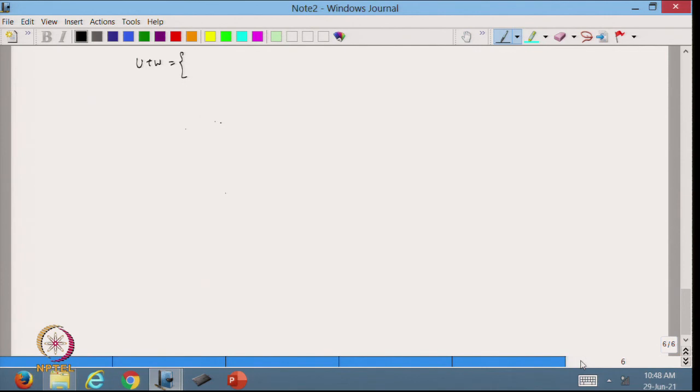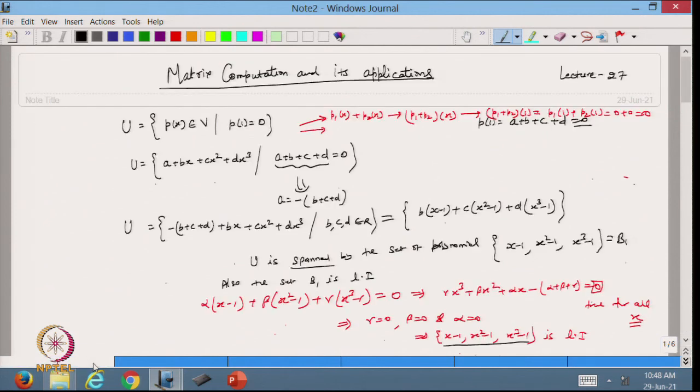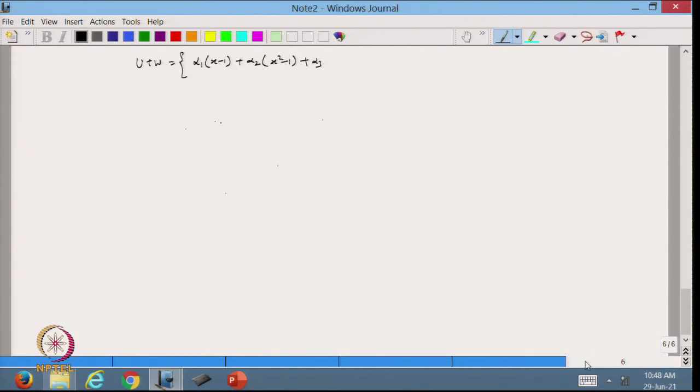So, I can write that suppose alpha 1 times x minus 1 plus alpha 2 times x square minus 1 plus alpha 3 times x cube minus 1.